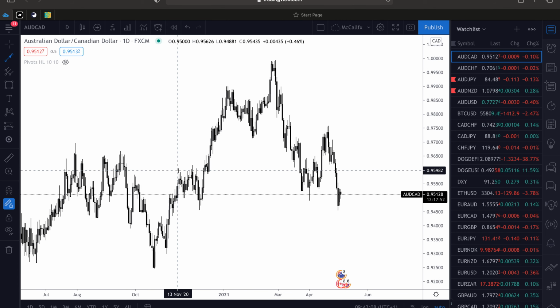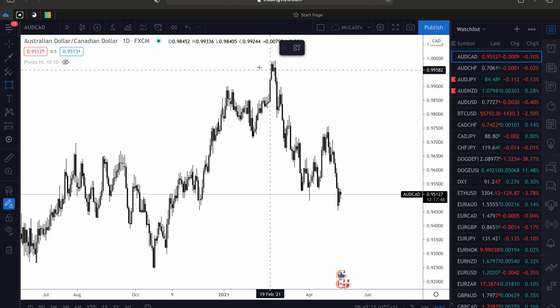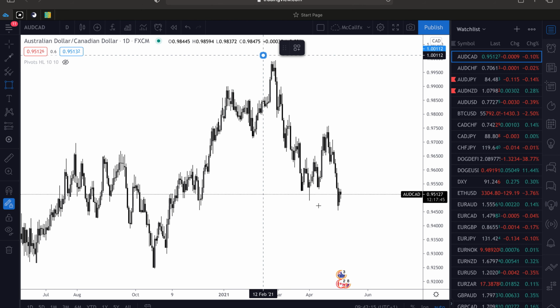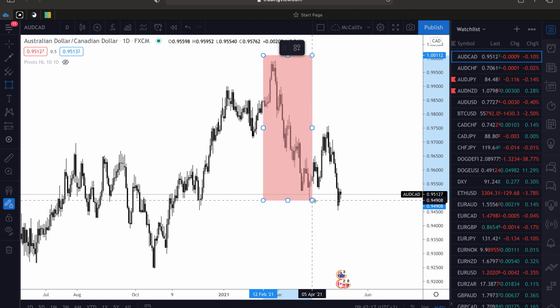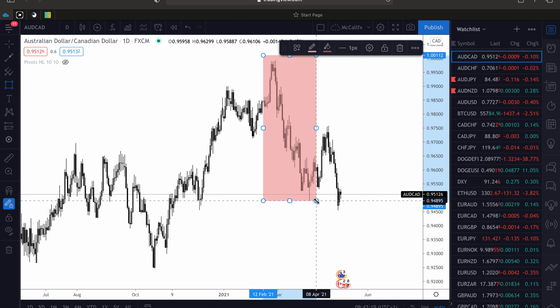Now, once I identify that direction, I realized that we had a very strong push to the downside around this area, right? And anytime we have a strong push to the downside where the market is not making huge corrections, it means there's a high probability that price will keep going down.